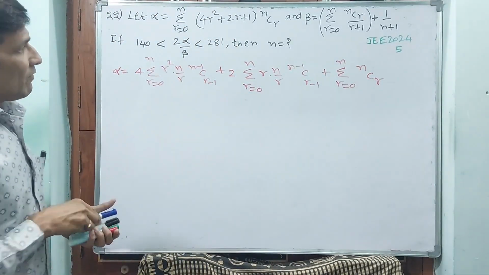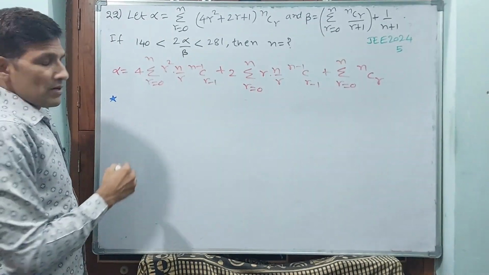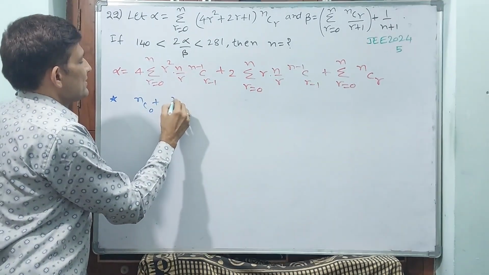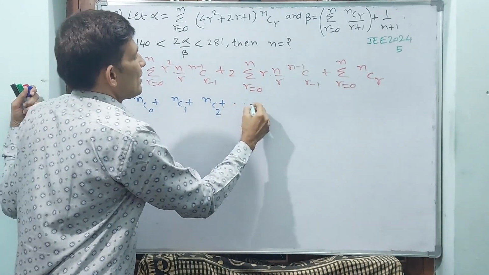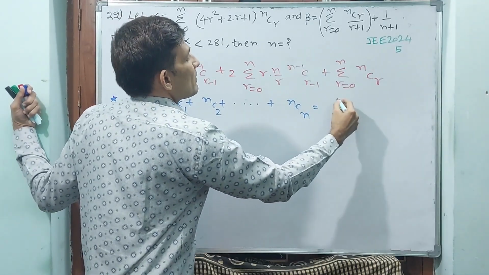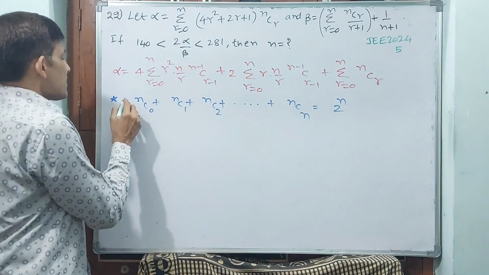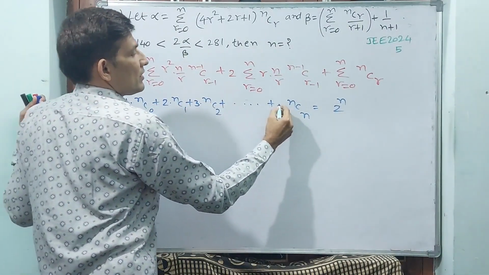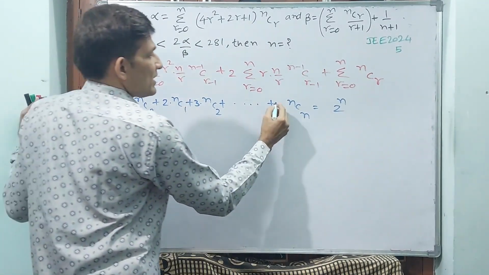One formula I want to write. Please note down this formula. We know very well, NC0 plus NC1 plus NC2 plus up to plus NCn is equal to 2 power n. NC0 to NCn is 2 power n. What if I multiply with 1, 2, 3? See, here 2 is 3, 1 is 2, 0 means 1, n means n plus 1.